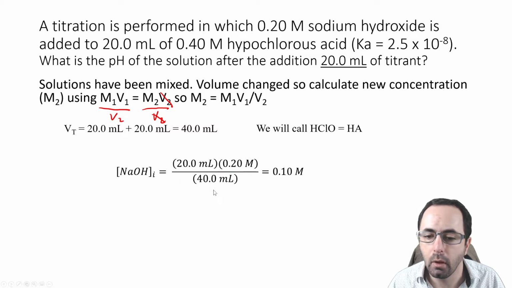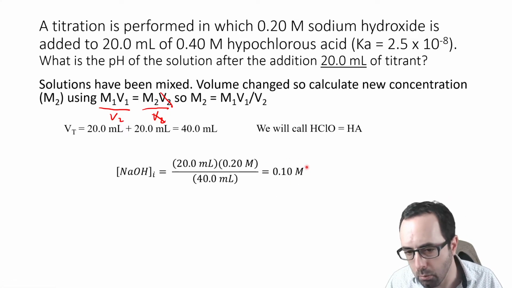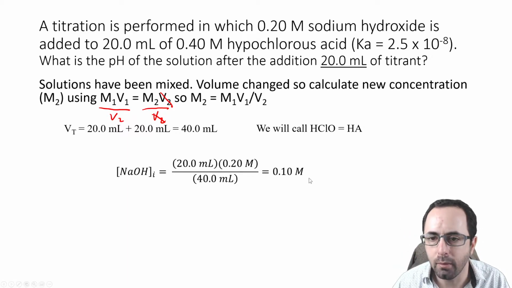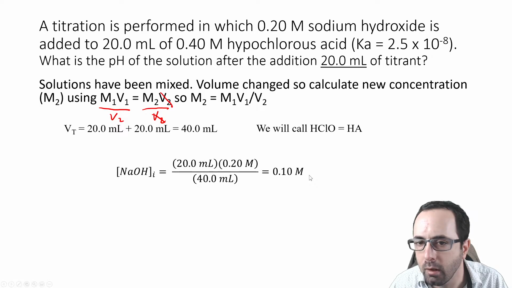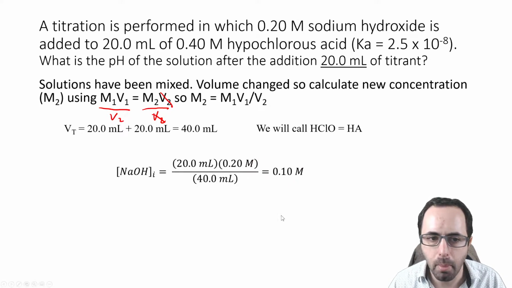So my new concentration for sodium hydroxide is 20 times 0.2 divided by 40. That just cuts it in half. It's 0.1 molar. So this makes sense, right? We started with 20 milliliters of sodium hydroxide. Once we mix these solutions, it was now in a volume of 40 milliliters, so its concentration is now half because its volume has been doubled.